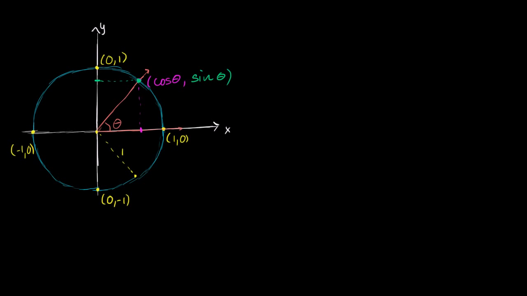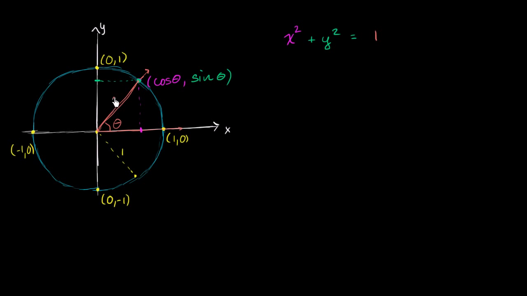Well, we have other videos where we really prove this using the distance formula, which is really just an application of the Pythagorean theorem. The equation of a unit circle centered at the origin is x squared plus y squared is equal to 1, the radius squared.